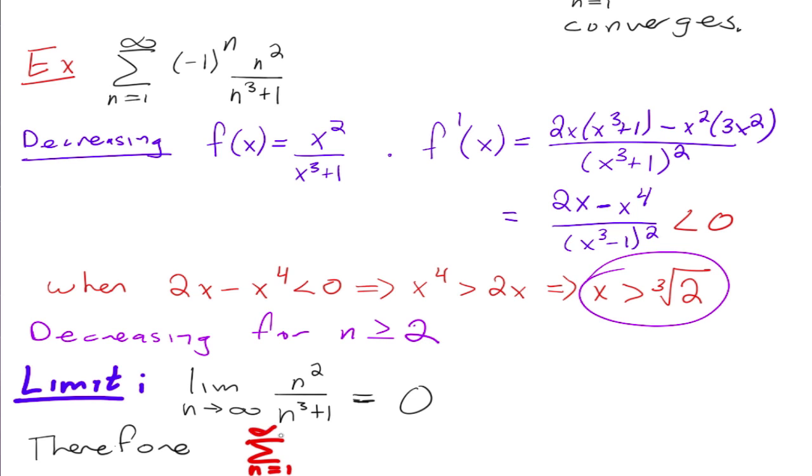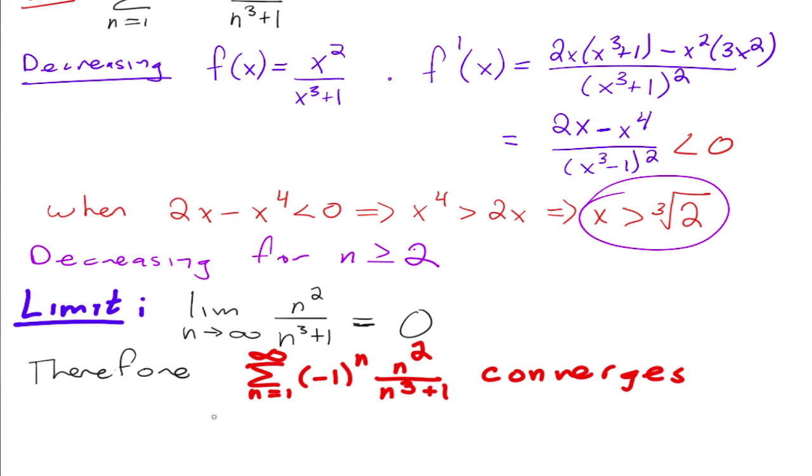The series n equals 1 to infinity of negative 1 to the n times n squared over n cubed plus 1 converges by the alternating series test, or AST for short. Questions? Happy times?